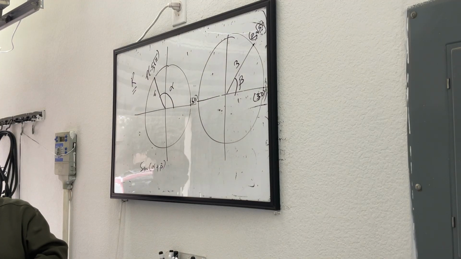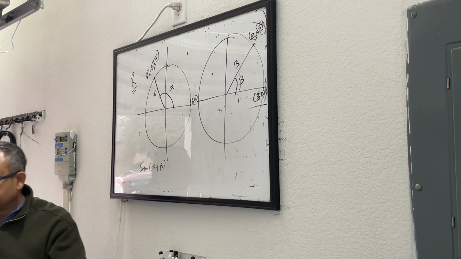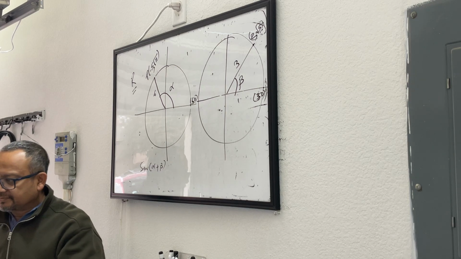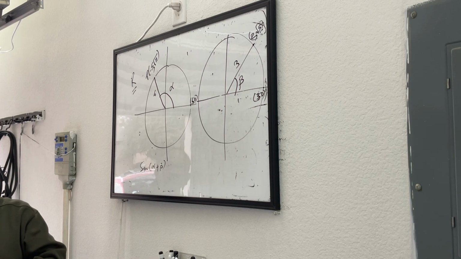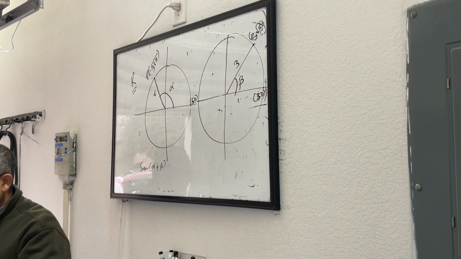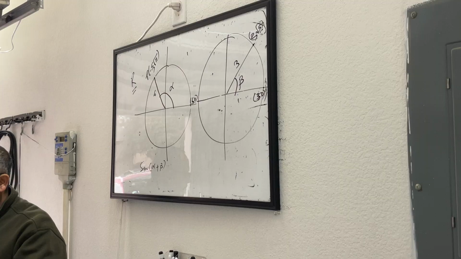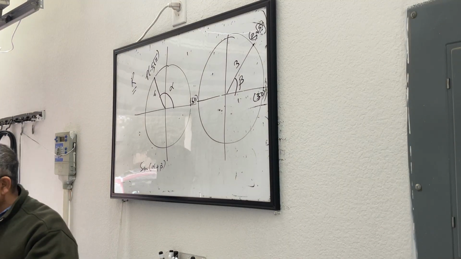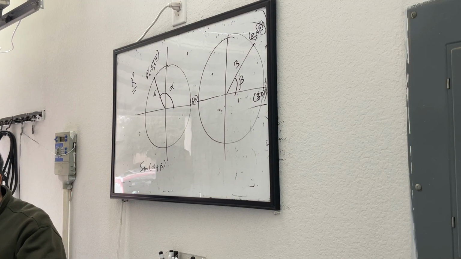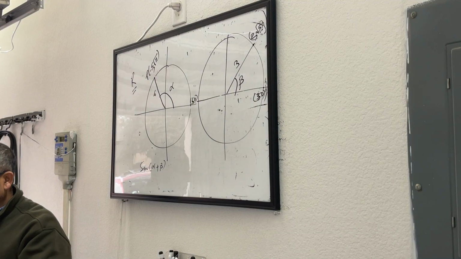So either we convert it to the unit circle, or we can just divide the one with 6 radius by 2. Then we will expand this one because we have the values, and so we will get sine of alpha times cosine of beta plus cosine of alpha times sine of beta, and then get the answers through that.